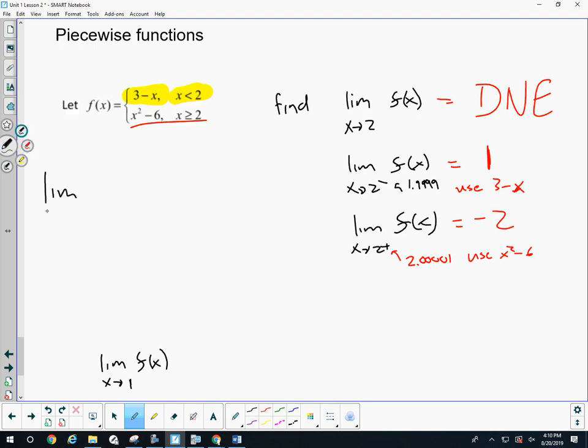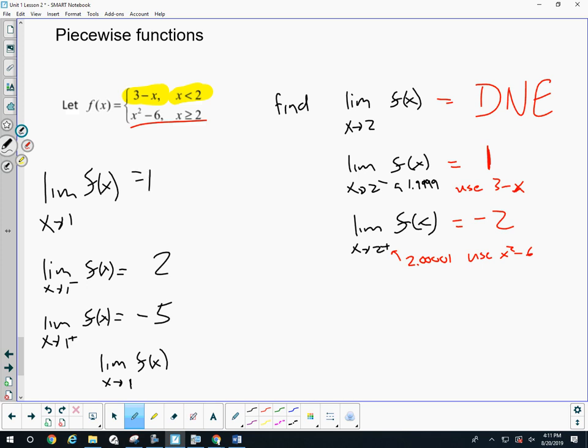Now, if I ask you what's going on at 1, this is messed up. They would think about plugging in 1 into 3 minus x and 1 into x squared minus 6, and they'd say, okay, if I plug in 1 into 3 minus x, I get 2, and if I plug in 1 into x squared minus 6, I get negative 5. This must not exist.